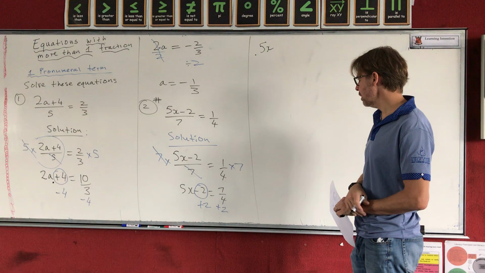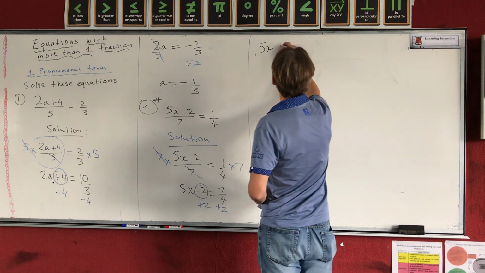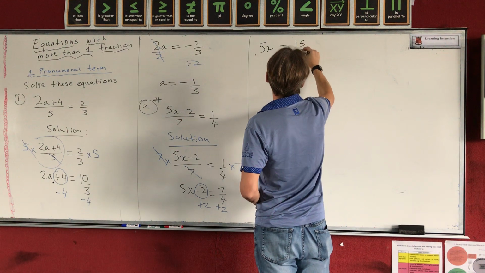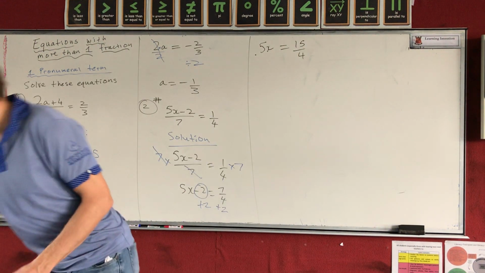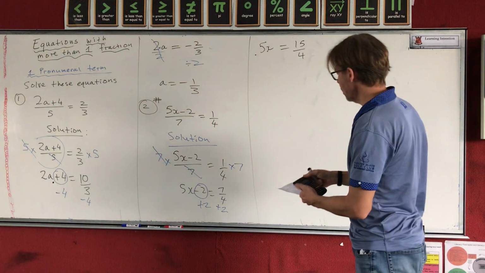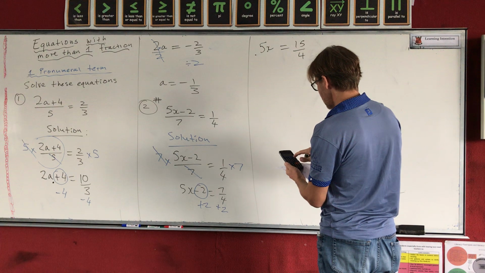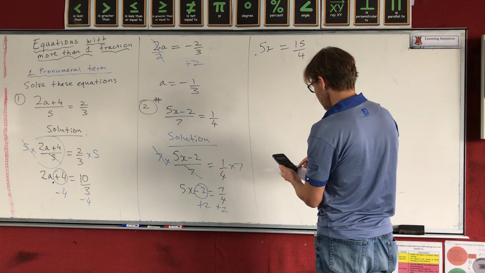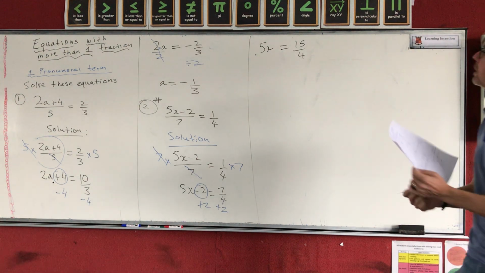We'll get your calculator out, that's going to be 15 on 4. Okay, so just double check that on your calculator. You don't want to make silly mistakes in these, so 7 over 4 plus 2, 15 on 4, that's correct.